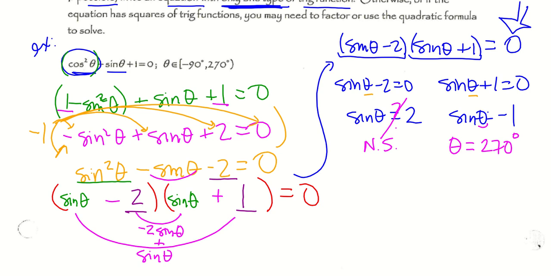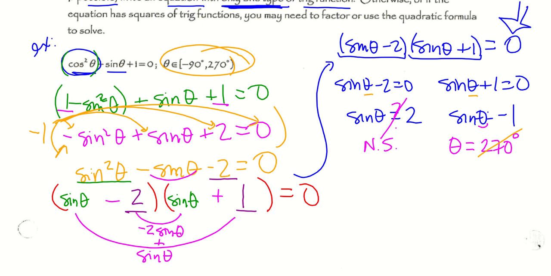Now, my problem is that my domain was from negative 90 to 270, with a parenthesis here, which means that I can't use 270, I can only come up to it. But our trig functions repeat every 360 degrees.